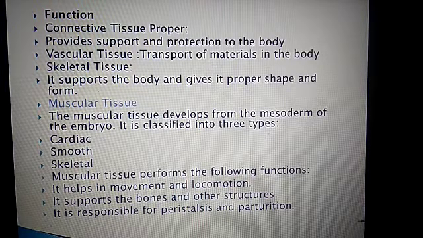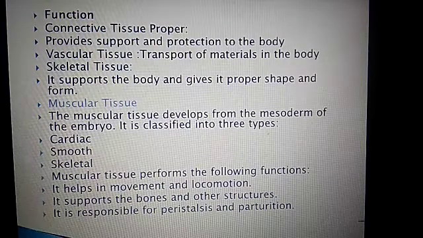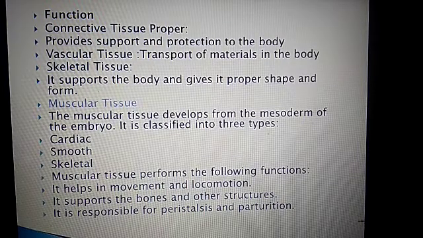Specialized connective tissues are found at specific places. The name itself indicates this: they are found only in special places in the body and have specific functions. For example, adipose tissue, cartilage, bone and blood are specialized connective tissues.